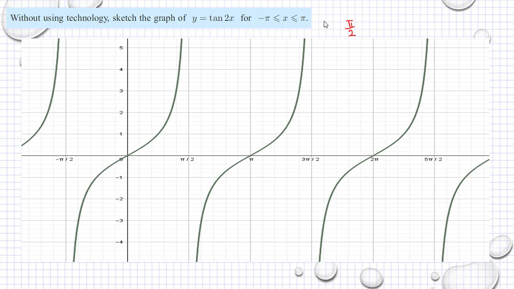What did I say? Pi divided by 2 is my period. So from here to here, half of that, 2.5 here, should be my asymptote. And then it should look like this.